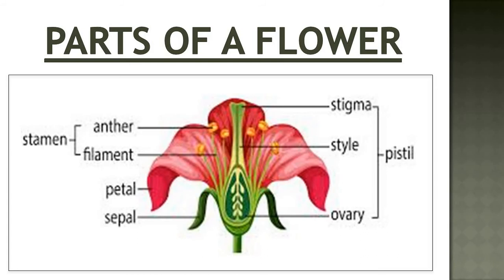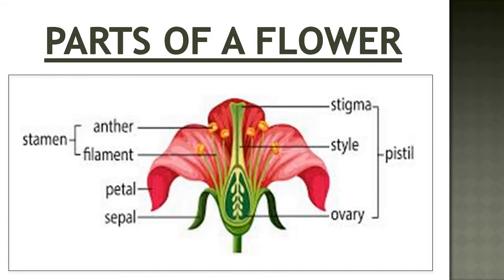The fourth or innermost part of the flower is the pistil, which makes the whorl gynoecium. Pistil is called the female reproductive part. Pistil has three parts: stigma, style and ovary, and inside the ovary the female sex cells, ovules, are present.